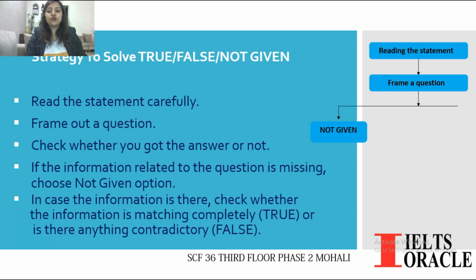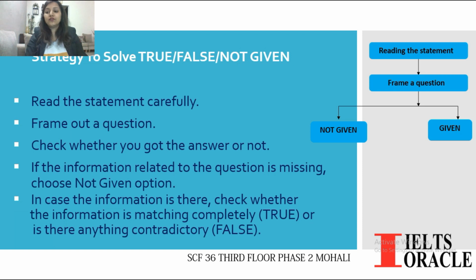First option is you're not actually getting any sort of information about the question in the passage. So you will be proceeding with the not given option, discarding the given one, right? And on the contrary, if you're able to find some information about the question, that means the information is given. So you will now be discarding the not given option, right?